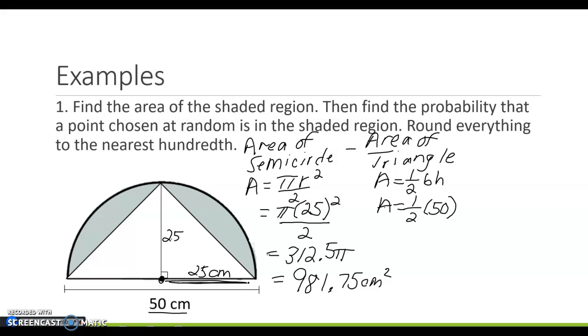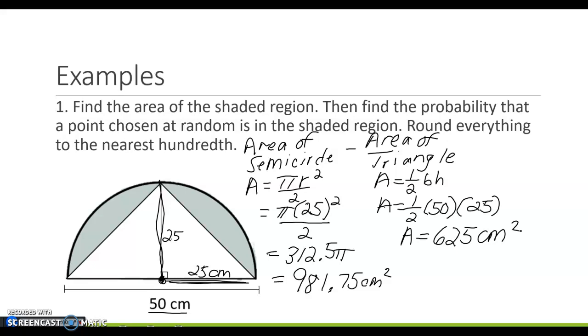So we found the radius is 25. This is still going from the center up, so it's also going to be 25. So 1/2 times 50 times 25. So the area of this triangle is going to be 625 square centimeters.